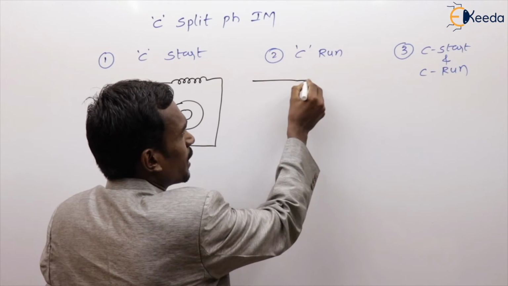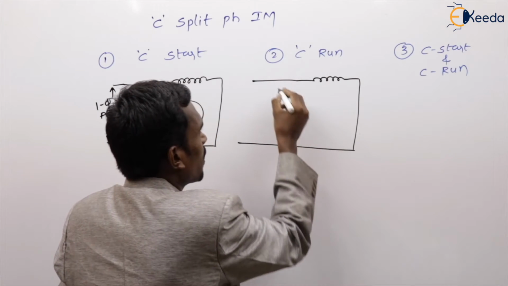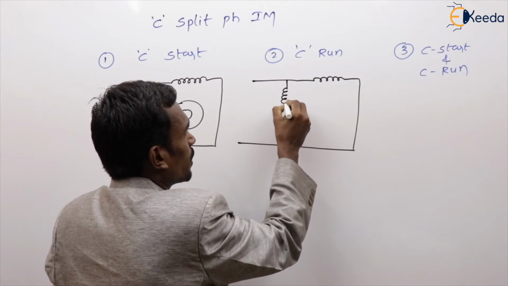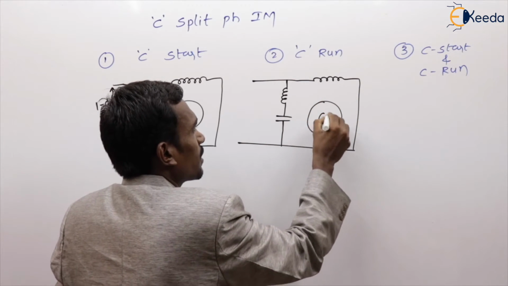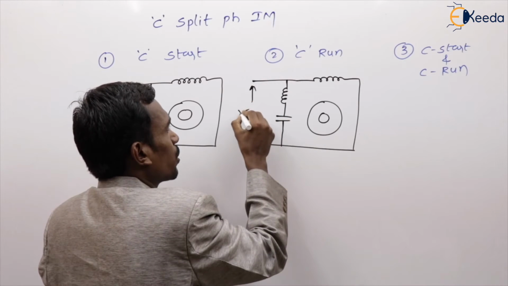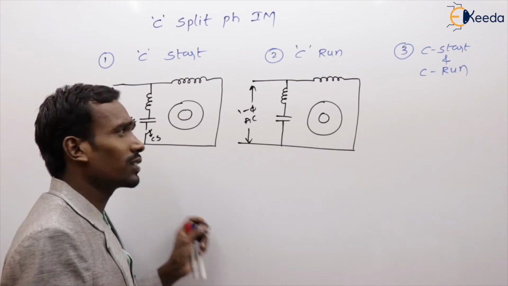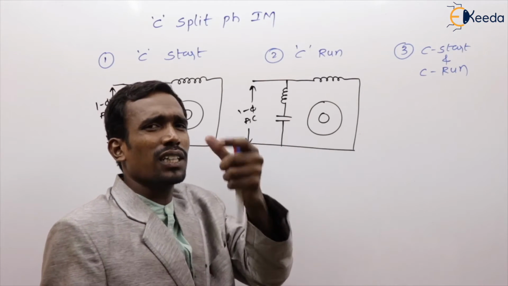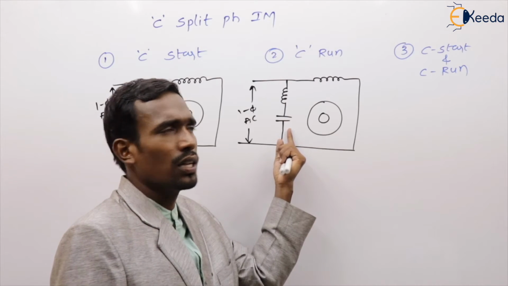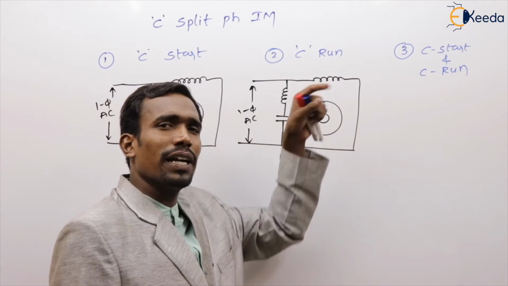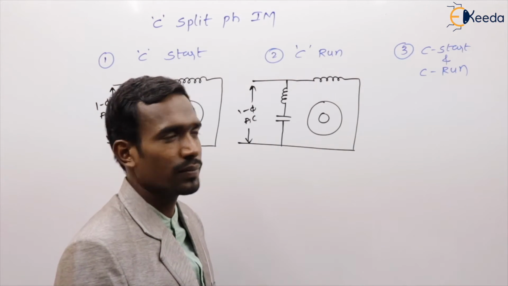And this is Capacitor-Run induction motor. In Capacitor-Run induction motor, there is no need of centrifugal switch. The capacitor is acting in starting and in running condition also.